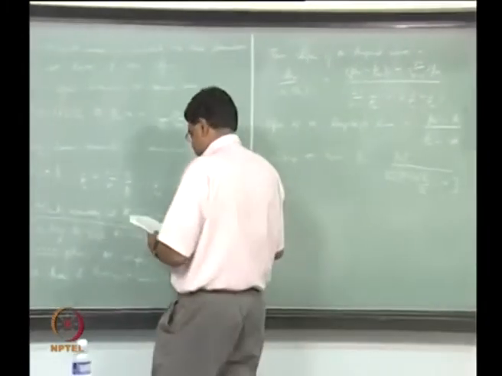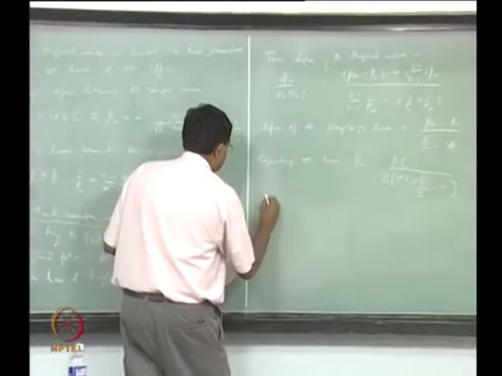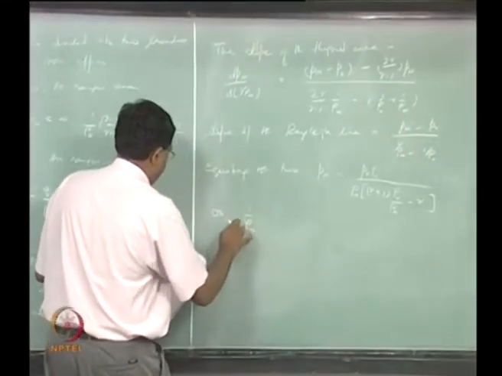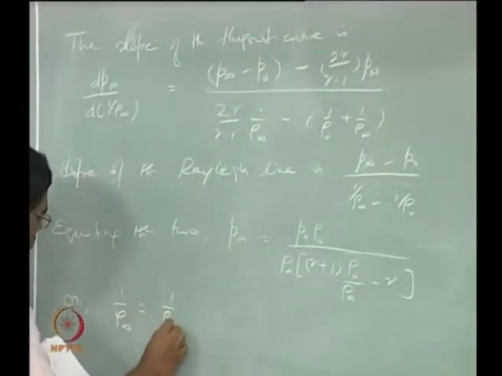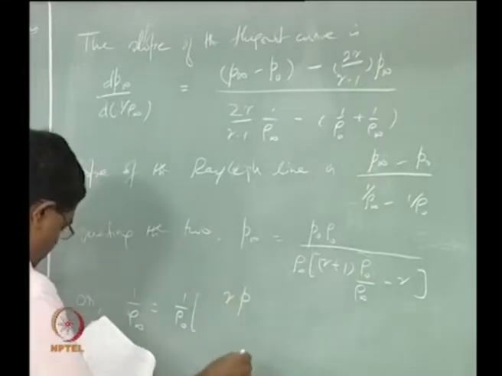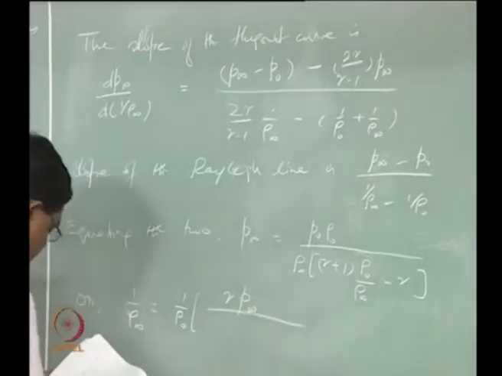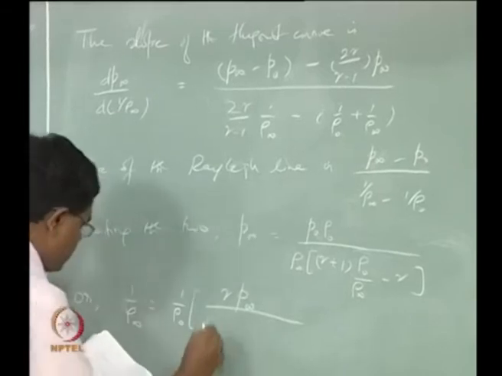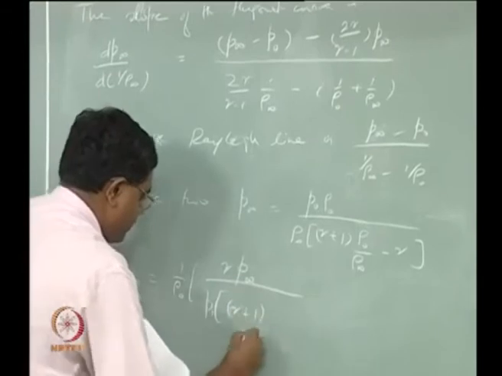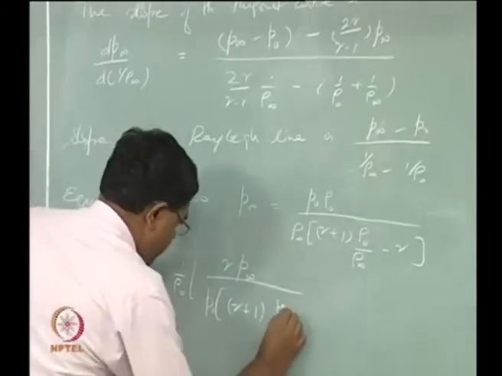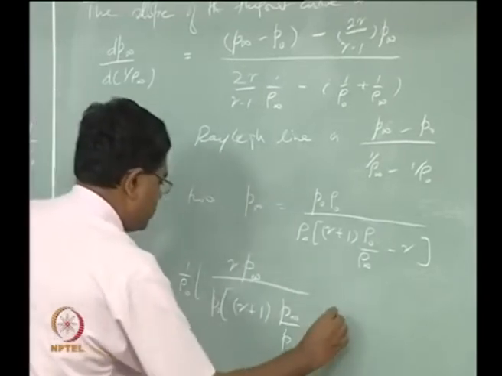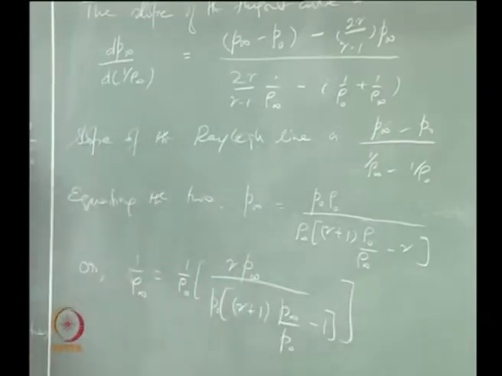So 1 over rho infinity equals 1 over rho naught times gamma p infinity divided by p naught, divided by gamma plus 1 times p infinity divided by p naught minus 1, okay.